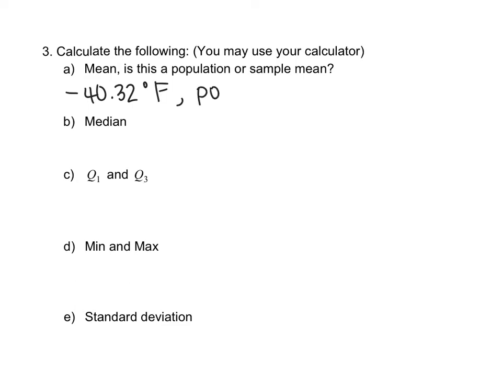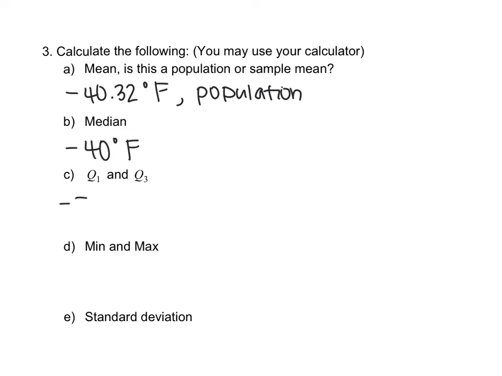In this case, it's a population mean. We did take the temperature of each of the 50 states. There are not more than 50 states, so that was all of our population. If I had only looked at 30 of the states or even 10, it would have been a sample mean. Next, we want the median, so the middle temperature, which was negative 40 degrees Fahrenheit.